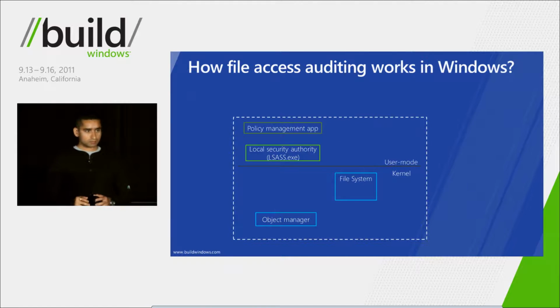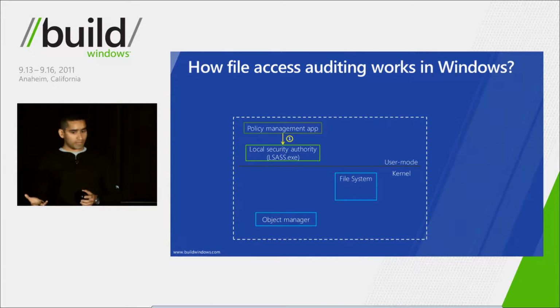So let's look at how file access auditing works in Windows, because that is most relevant to this talk. Now, in Windows, the way you author audit policies is by going to GP and then editing one of the GPOs and then setting the audit policies there. Now, file access auditing is not enabled by default, so you would have to do that. And once that is done, the policies get pushed down onto the machine where you want to apply them, and the group policy client, which is represented by the policy management app in the square there, gets notified.